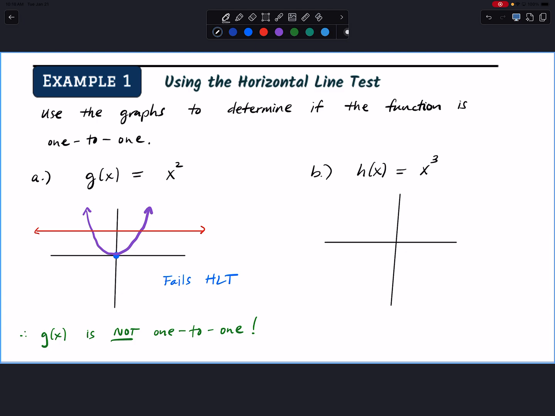So again, don't beat yourselves up if this is not perfect, but it should look something like that. So we're running out of time. Sorry, guys. Oh my goodness, it only crosses once. How exciting. So therefore what? Yes, h of x is one-to-one. And we will pause there until tomorrow.